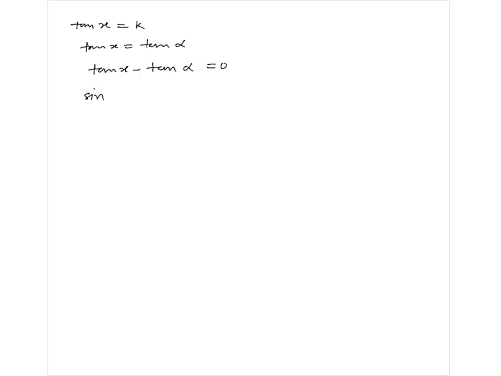Now that's a general good thing about this type of pattern. Whenever you have tan a plus tan b, tan a plus tan b has no formula, right? Whenever you have tan a plus tan b or you have tan a minus tan b, none of them have got a direct formula. Converting them to sine and cos helps.